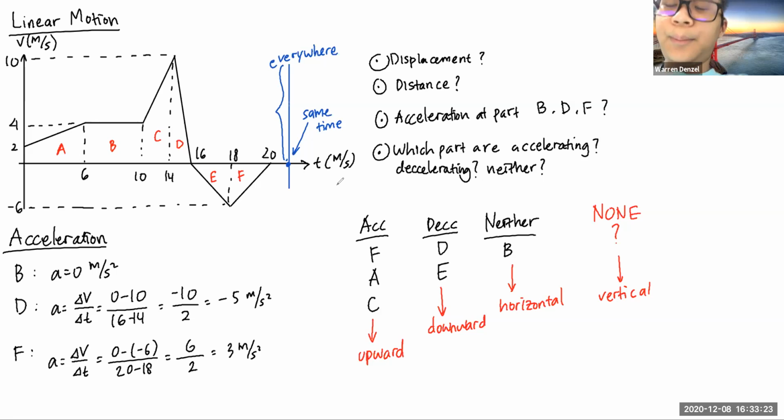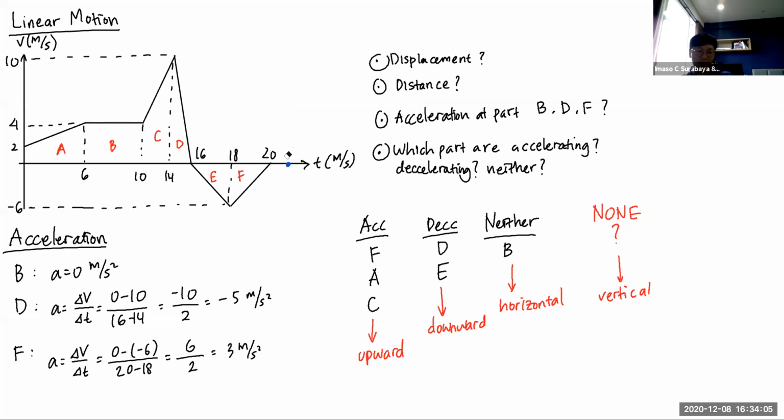This is velocity-time. Yeah, but a lot of velocity, so it could be anywhere. What I think is that it means it suddenly changes the velocity somehow. That is a topic for another time, I think. So if none, then it is vertical.